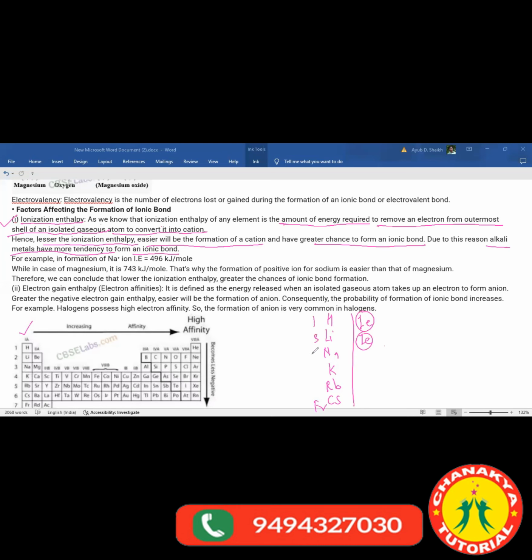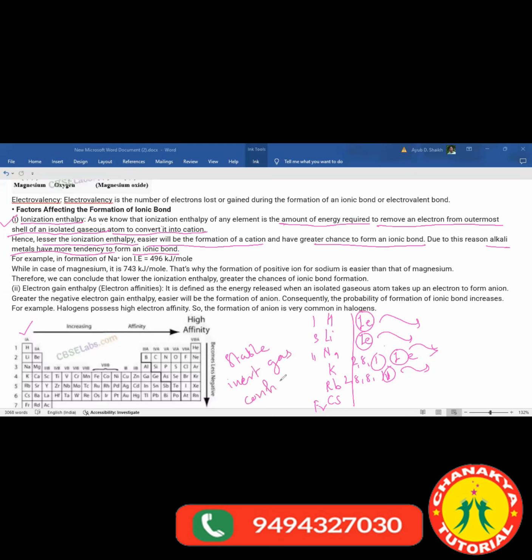If you see 1, 3, 11, right? It would be 2, 8, 1. So again, one electron in the outermost shell. Potassium, 2, 8, 8, 1. Again, one electron in the outermost shell. Right? As it has one electron in its outermost shell, by giving this one electron, it may acquire a stable inert gas configuration.